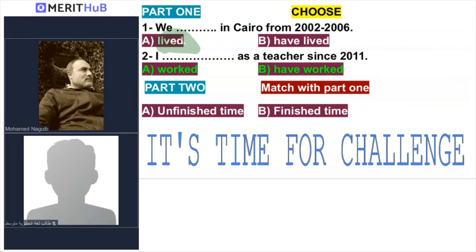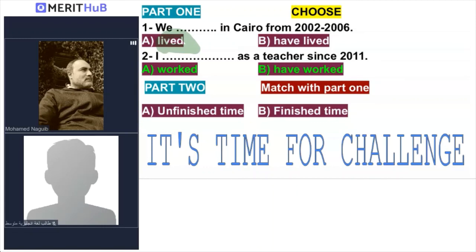I as a teacher since 2011. So here, what does since mean? I started working as a teacher since 2011. Of course, I started in 2011, but I'm still working as a teacher. I didn't stop.